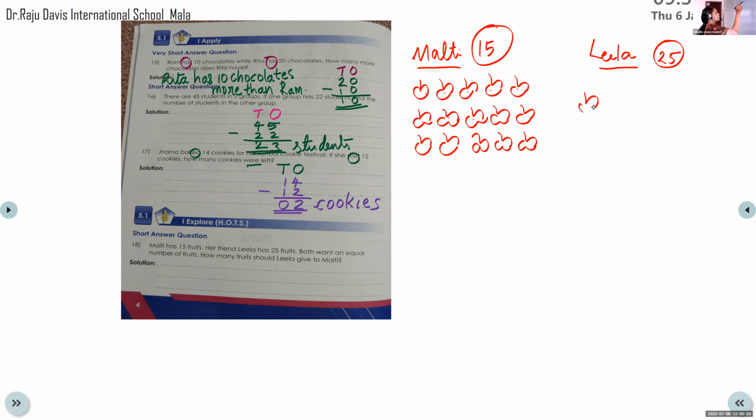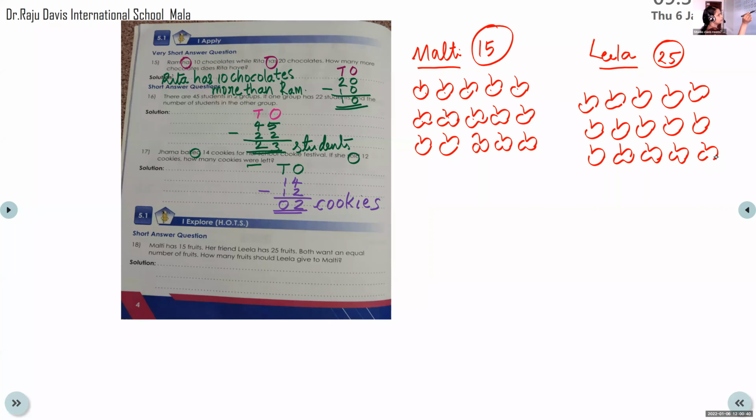Now 1, 2, 3, 4, 5, 6, 7, 8, 9, 10, 11, 12, 13, 14, 15, 16, 17, 18, 19, 20, 21, 22, 23, 24, 25.